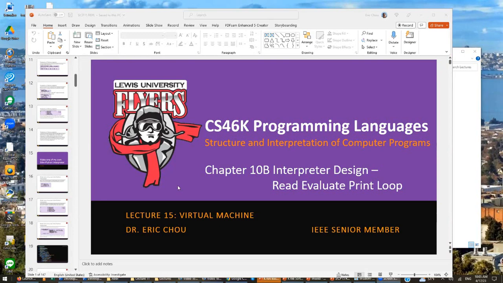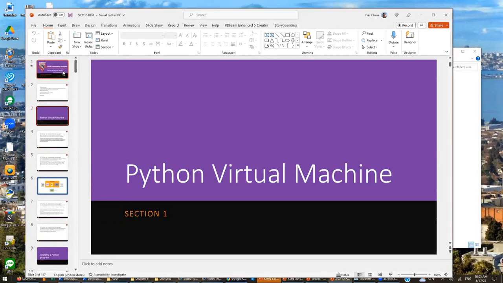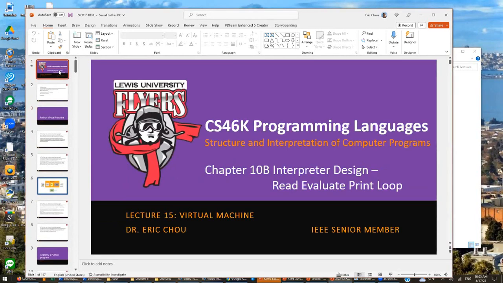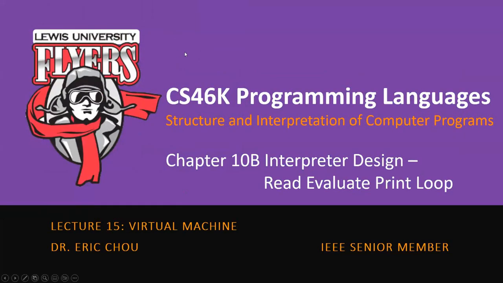No? Today we are in week 15. We will be on the virtual machine. So here we need to talk about the compiler strategy. What is the purpose of a virtual machine? That's the first thing we need to understand. You have the Python language.